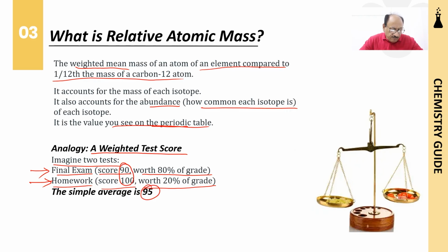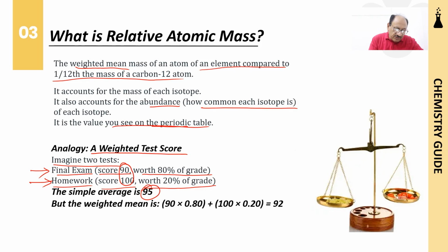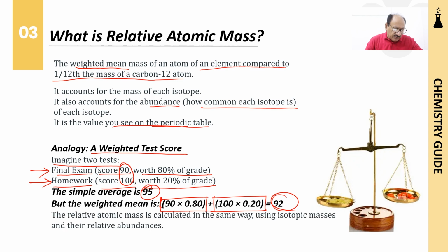This is a simple average, but we need a weighted average. The weighted average is 90 multiplied by 80% plus 100 multiplied by 20%, which gives 92. We are giving more weight to the final exam as compared to the homework, and relative atomic mass is calculated in the same way using isotopic masses and their relative abundance.